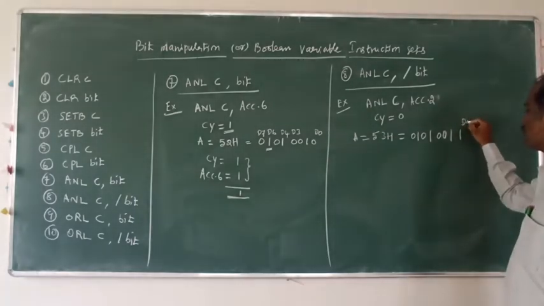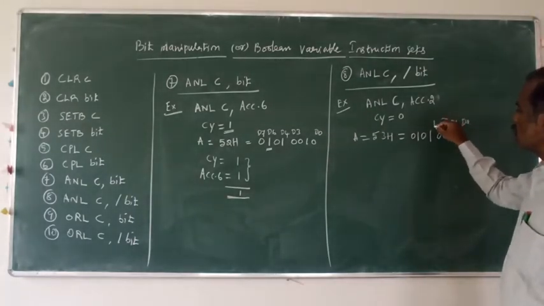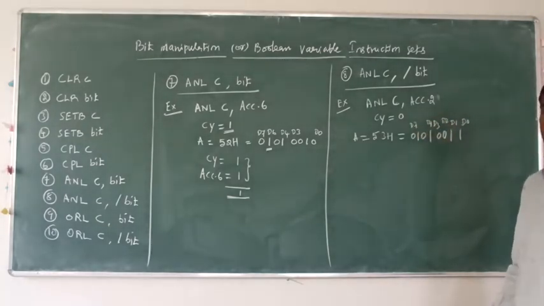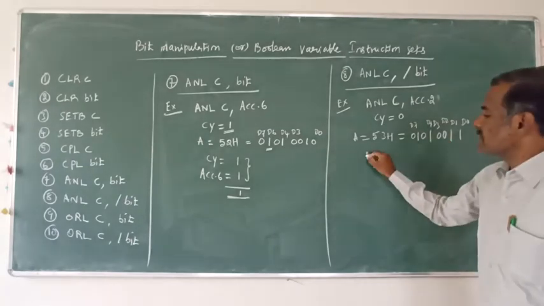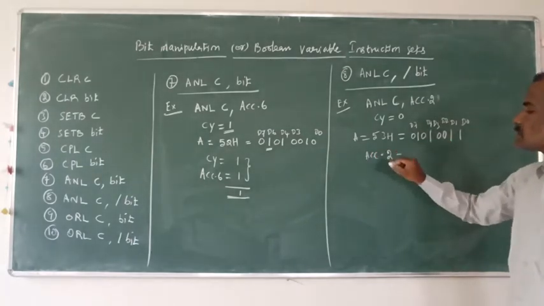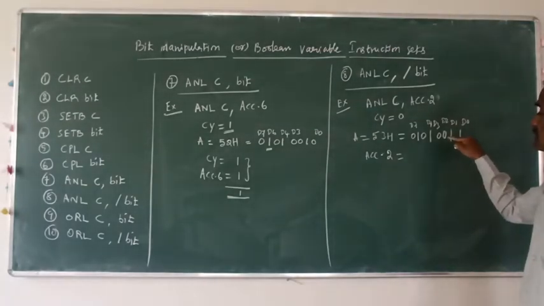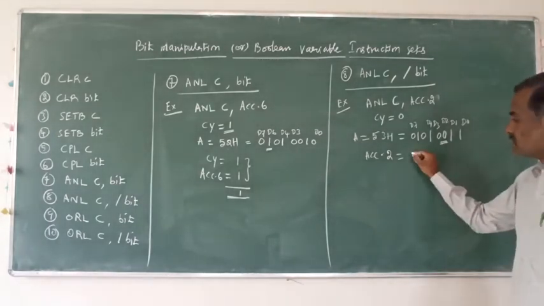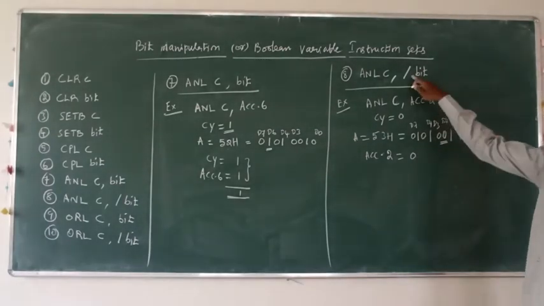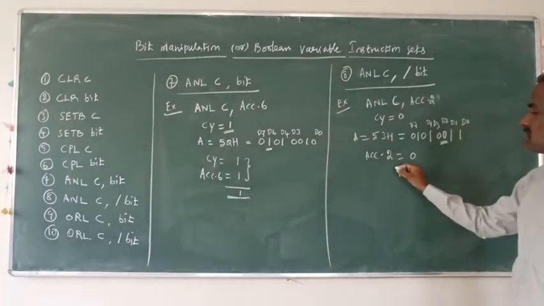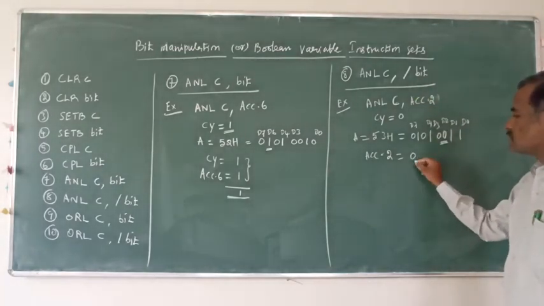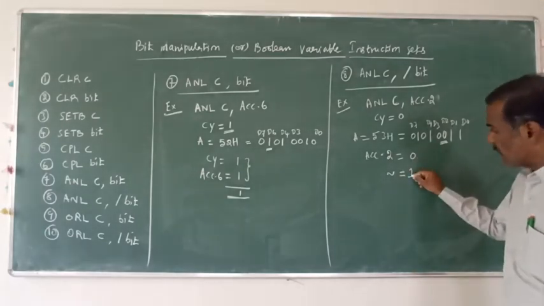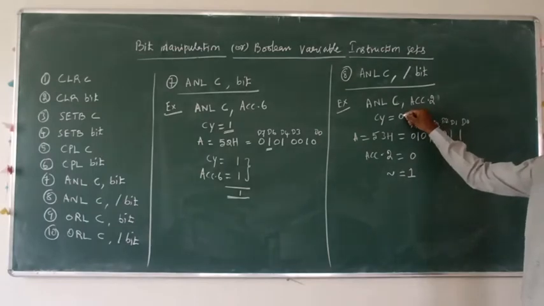This is for D0 bit, D1, D2 and this is for D3, D4 and this is for D7. Now ACC.2 means accumulator content second position bit. This is the second position bit 0. This 0 we have to complement. Complement means slash. Okay, change into 1. This 1 logically AND with carry.